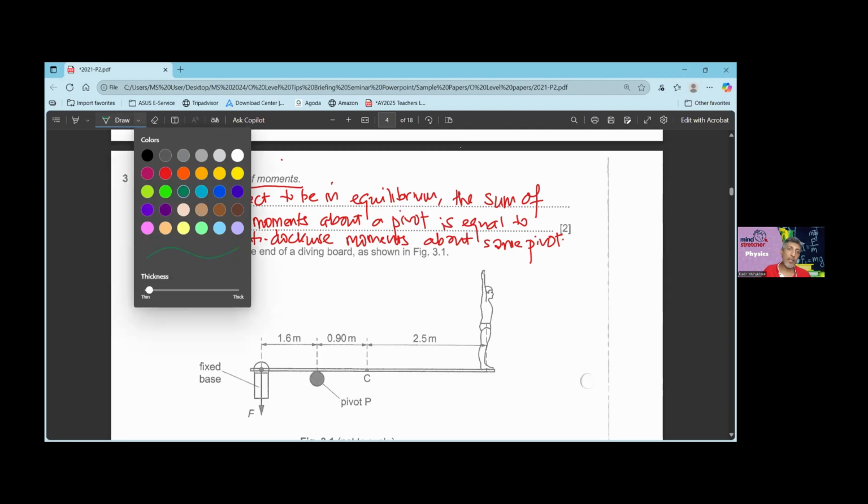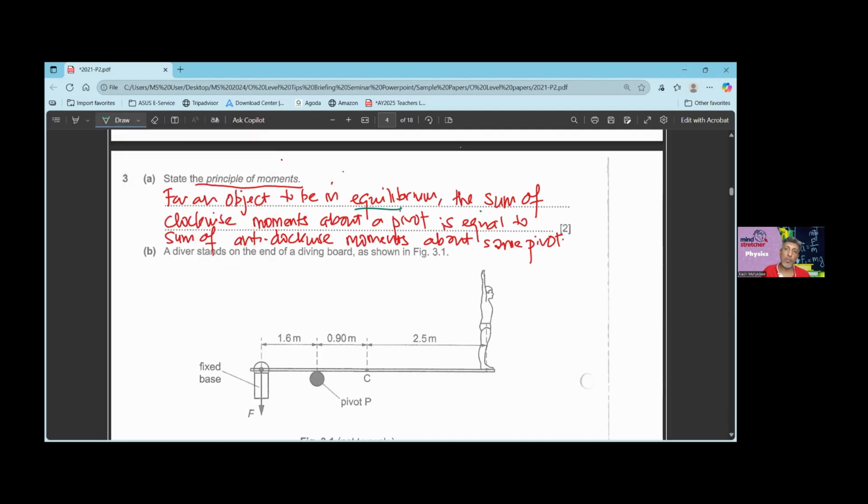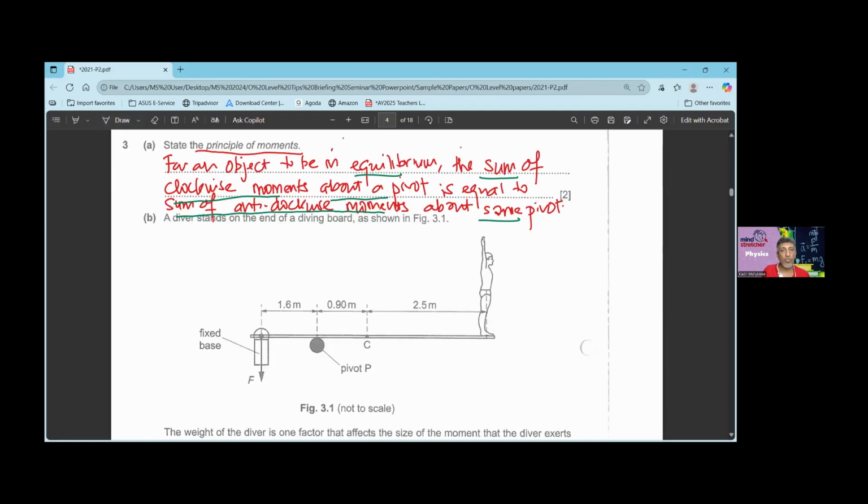Okay, so guys, take note. For object to be in equilibrium, sum of clockwise moments about a pivot is equal to sum of anti-clockwise moments about the same pivot. Okay, so this is just like a factual thing, right? You need to know how to talk about the principle of moments.